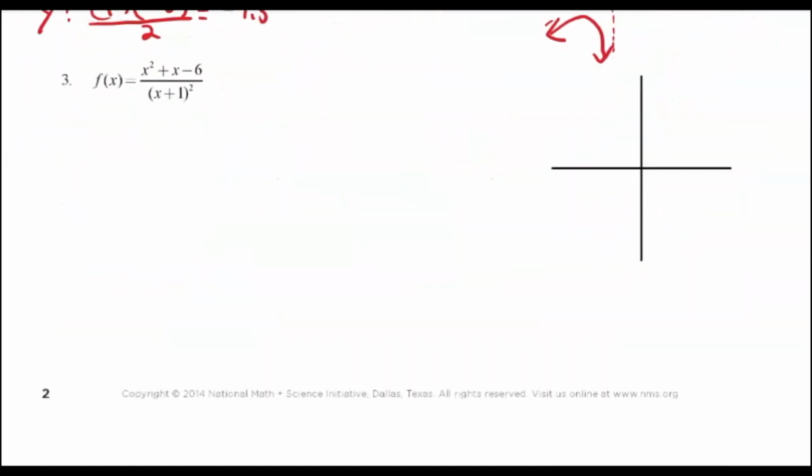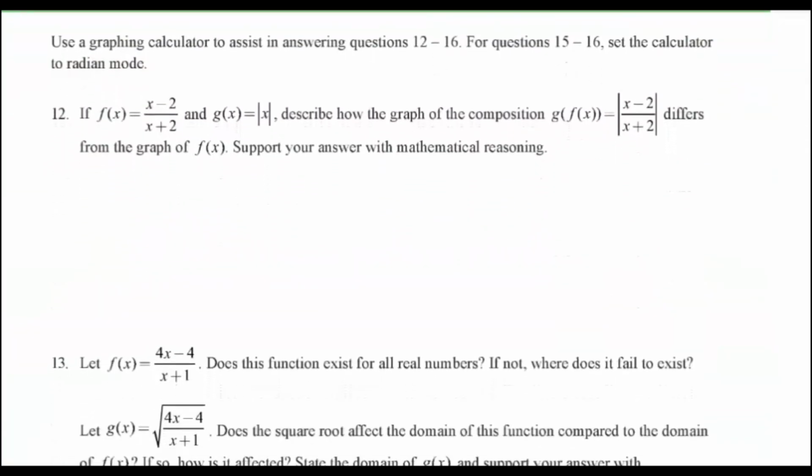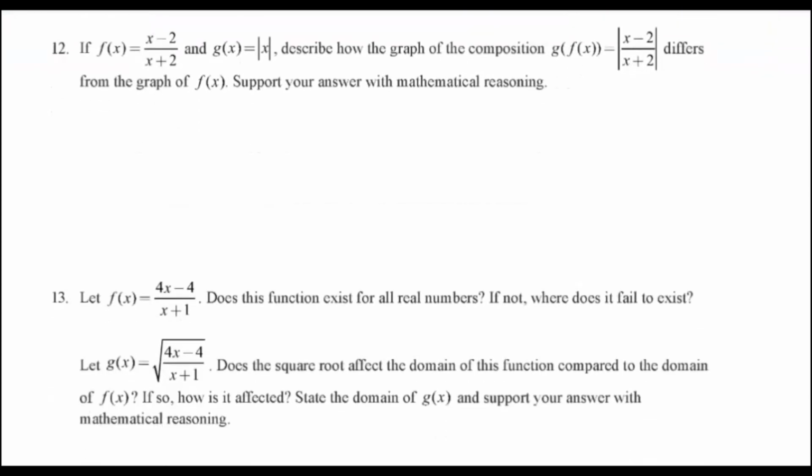Now let's go near the end of the lesson where you will see more complicated problems. Starting with number 12, they start doing transformations on these rational functions, like putting absolute values around the rational function, and they want the students to describe what that does to the graph.